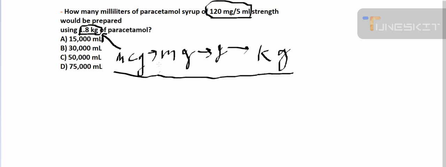Okay, so for each unit we have to multiply or divide by 1000. If you move from gram to microgram, you have to multiply with 1000, and if you go up, you have to divide by 1000.